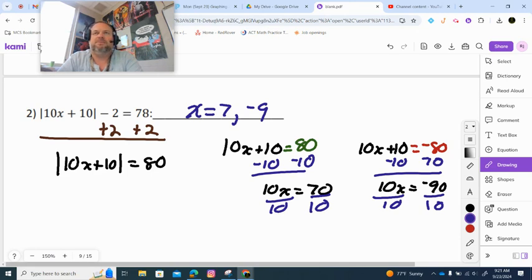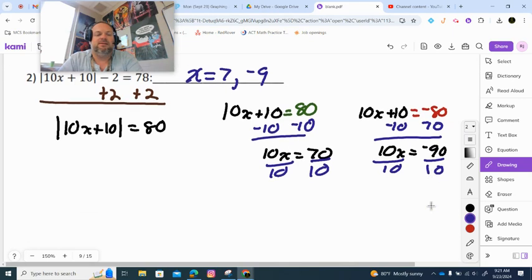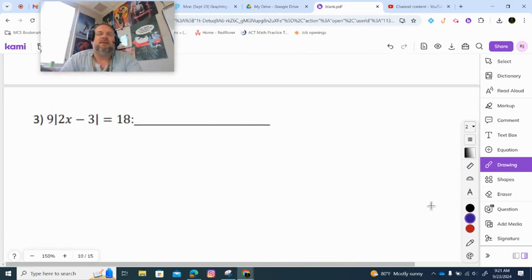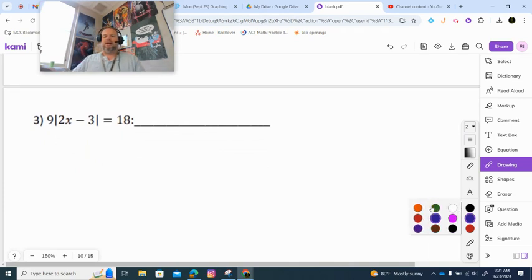Have to isolate the absolute value first. All right, we go with number 2. All right. So same thing on number 3. We had to isolate it first. That means we have to divide by 9.